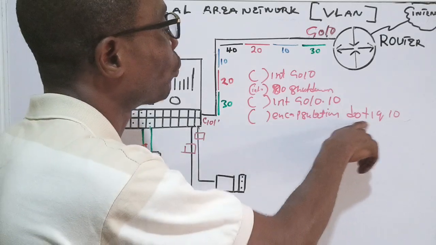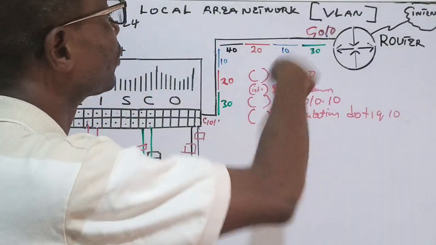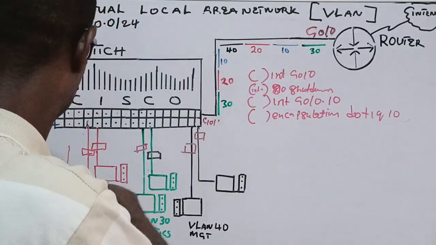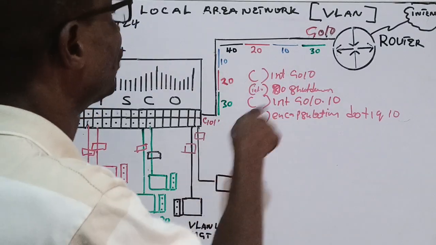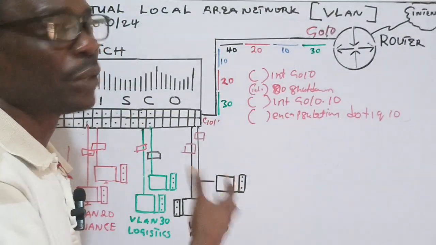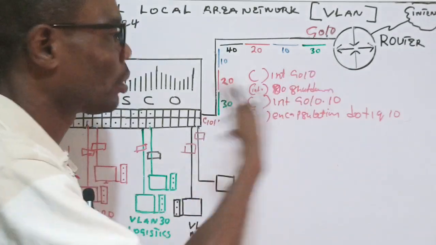Without this trunking protocol, this department cannot share files. They cannot route files between each other. The router cannot route files.